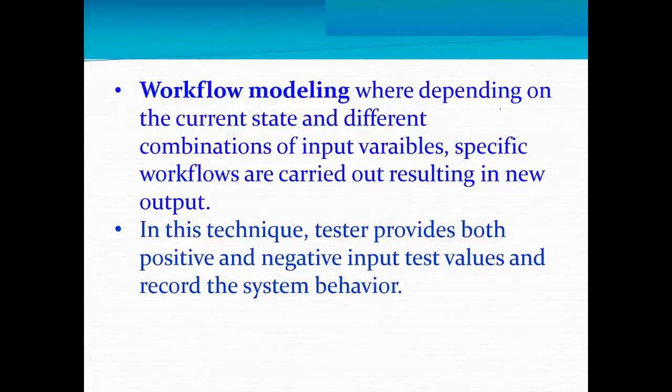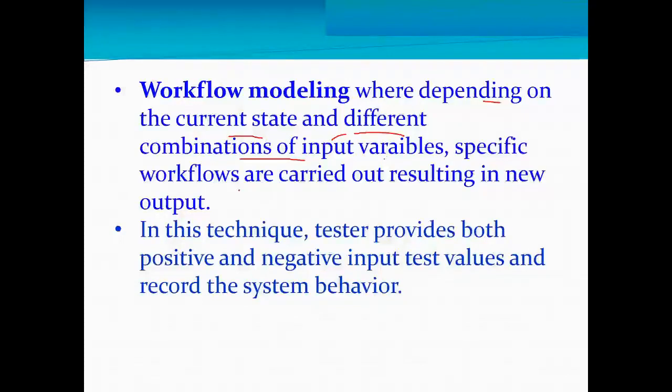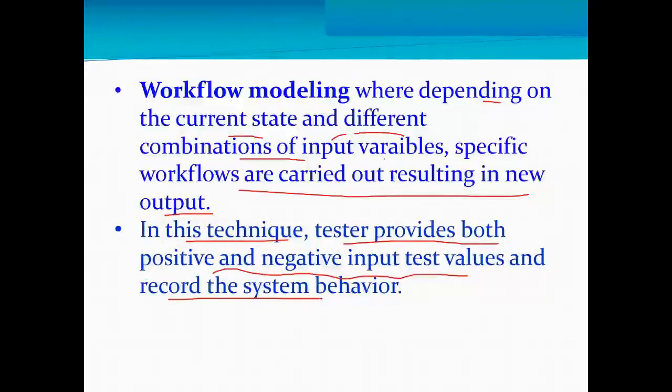Another definition: workflow modeling where depending on the current state and different combinations of input variables, specific workflows are carried out resulting in new output. In this testing, testers provide both positive and negative input values and record the system behavior.